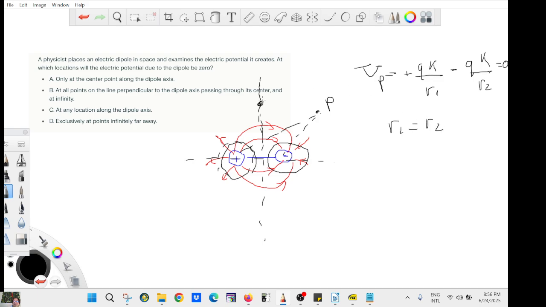So the only place where the distance R1 equals R2 is on that line. So the answer will be at all the points on the line passing through its center. So the answer is B.